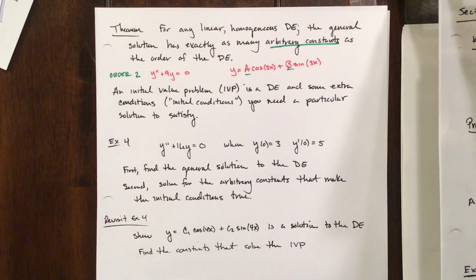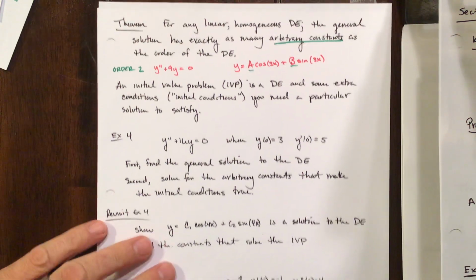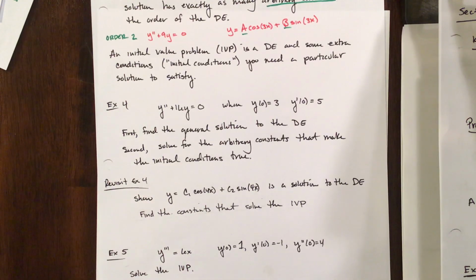Okay, down the home stretch. An initial value problem is a differential equation and some extra conditions, call them initial conditions, that you need a particular solution to satisfy. So example 4 says y double prime plus 16y equals 0.